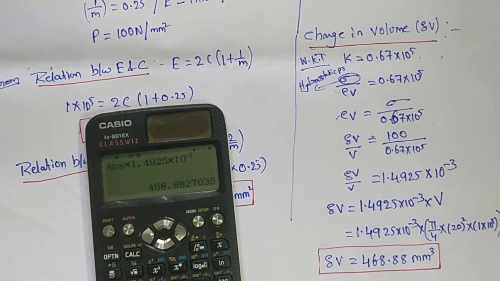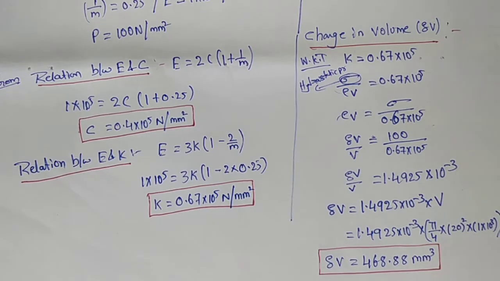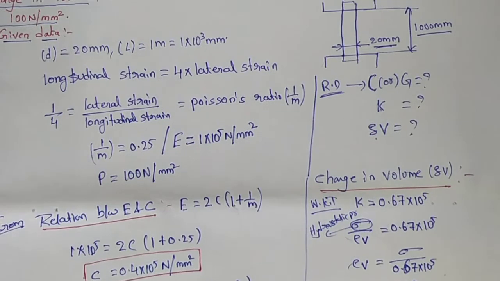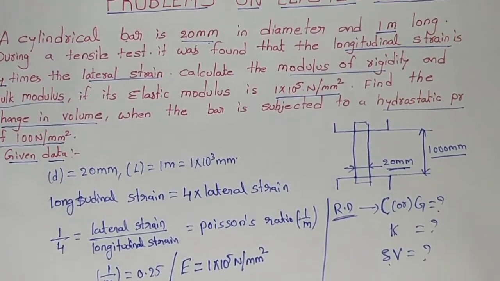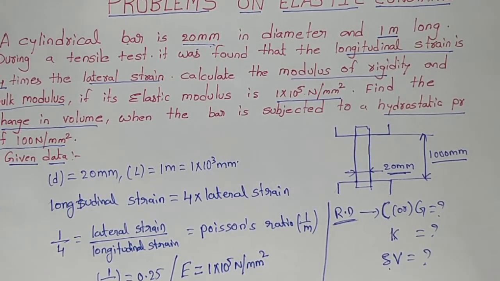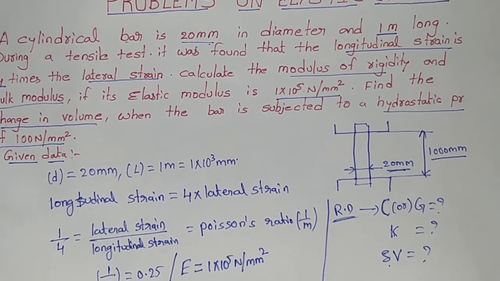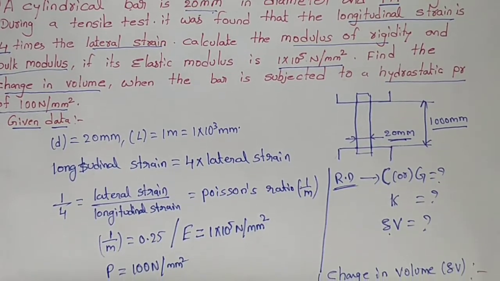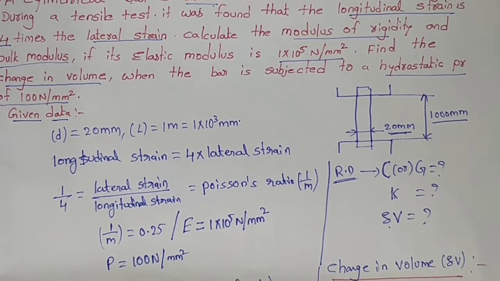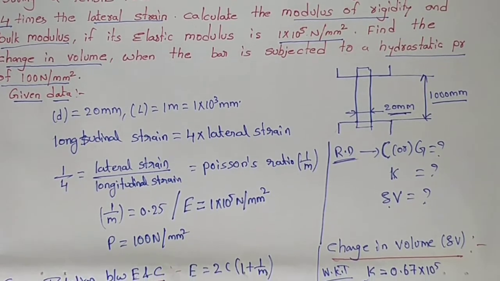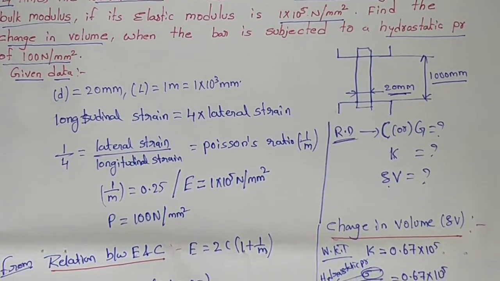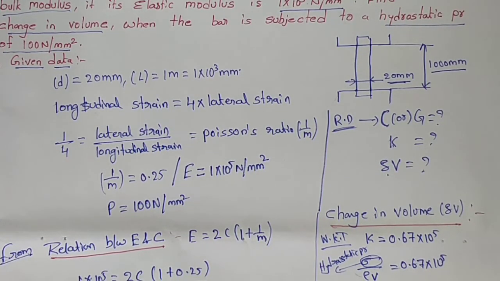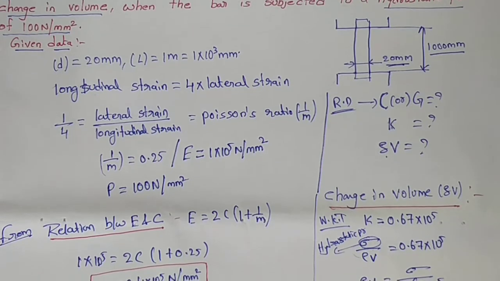Okay, that is the given problem. Based on the given problem, first we draw the diagram. After that, we note down the given data and similarly the required data. Based on the required data, first we calculated the Poisson's ratio.